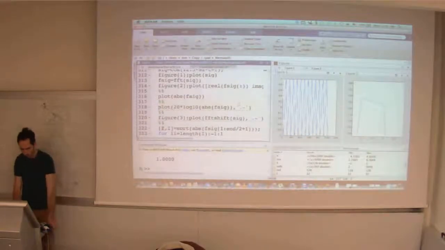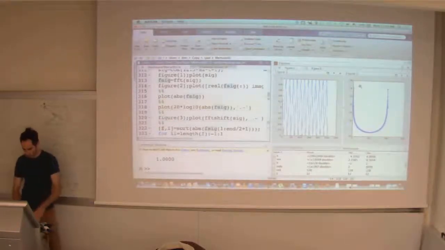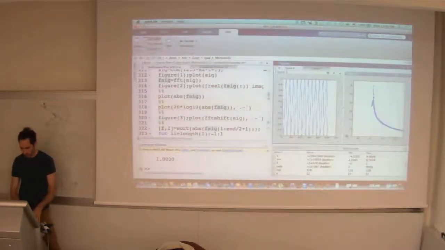Usually when we're talking about energy, we're not looking at the absolute values, we're looking at 20 times log10 of the amplitude. Those of you who learned some physics know this is the energy or the power. It's a different representation of the same data, and here we can see the same thing, but in logarithmic scale.